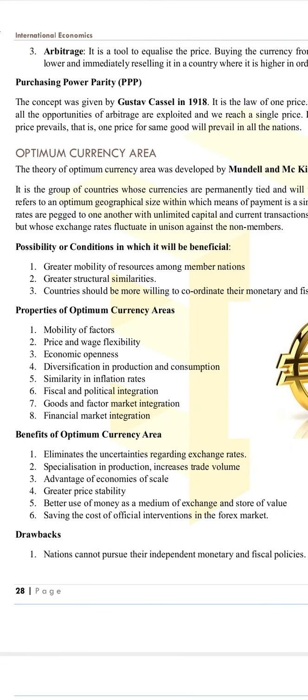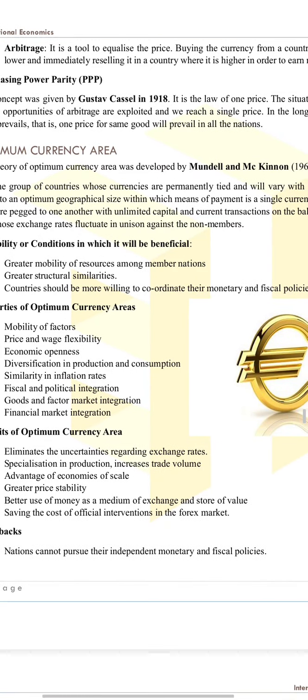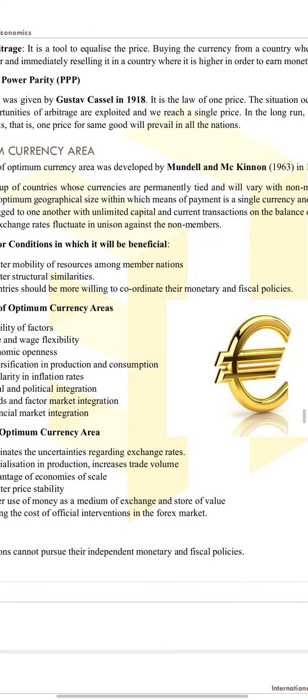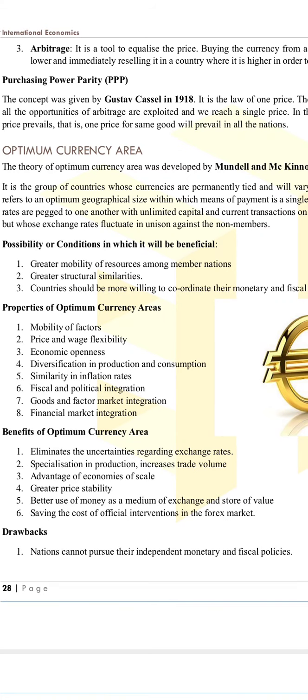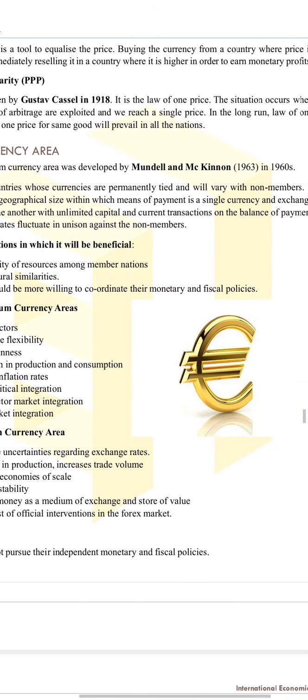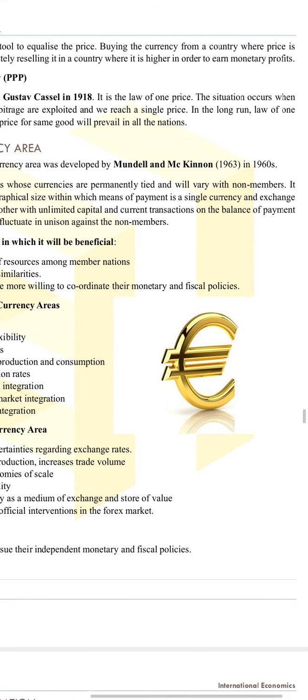Optimum currency area. The theory of optimum currency area was developed by Mundell and McKinnon in the 1960s. It is a group of countries whose currencies are permanently tied and will vary with non-members.